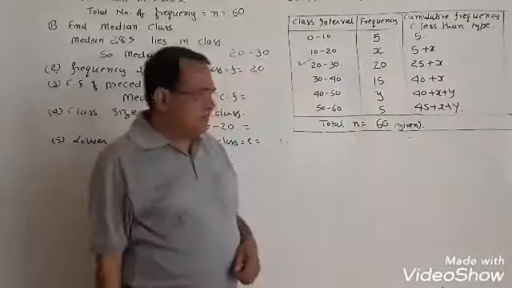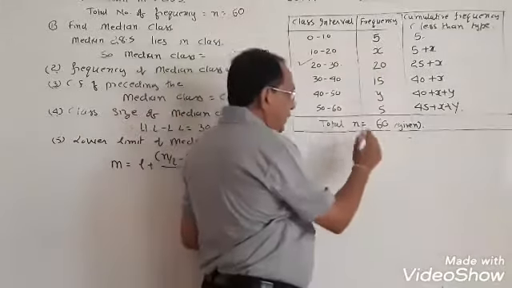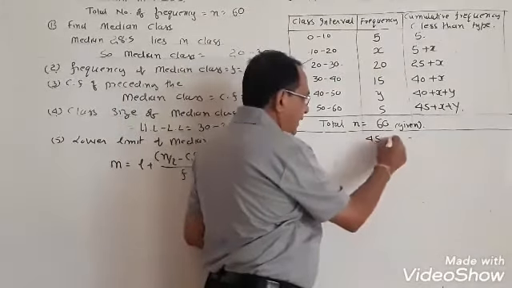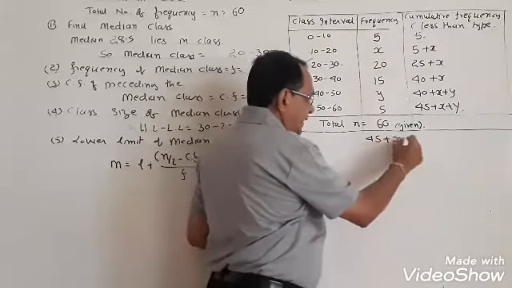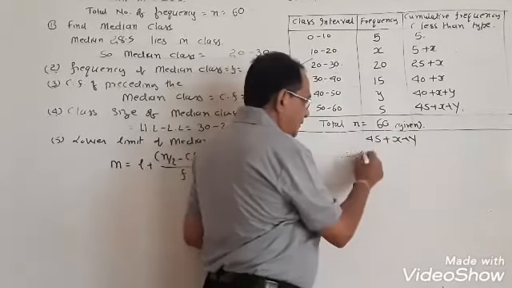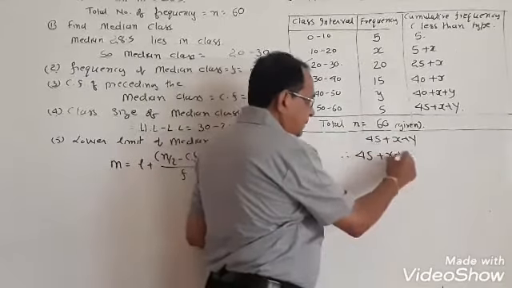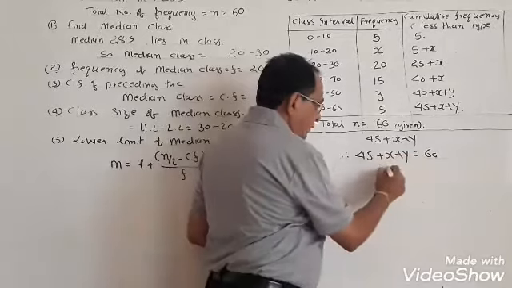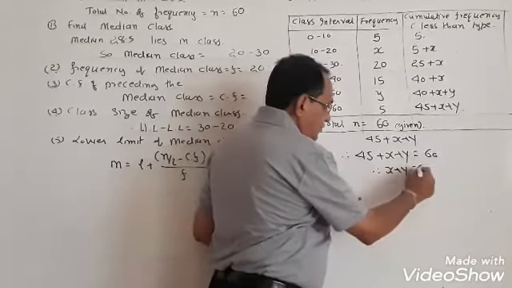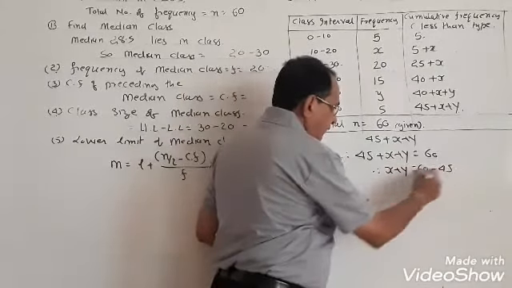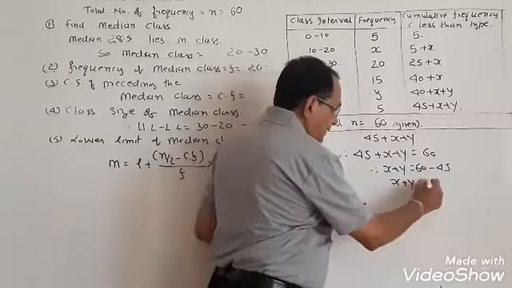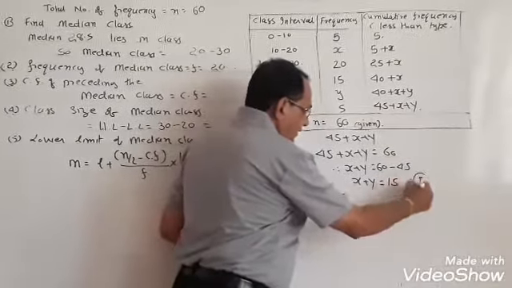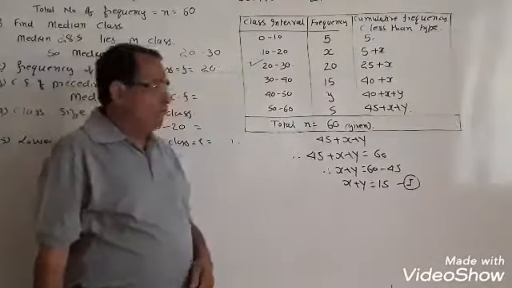Total number of frequency is 60. If you add it, you will get 45 plus x plus y, so 45 plus x plus y is equal to 60. Therefore x plus y is 60 minus 45, x plus y is equal to 15. That is equation number 1.